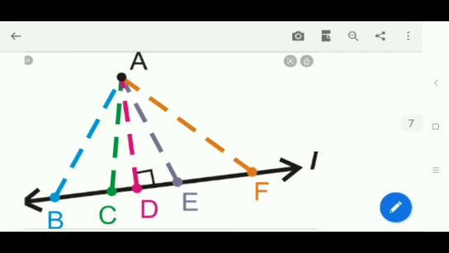But the distance of the point from the line will always be the perpendicular distance. That means what you do is drop a perpendicular from point A to line L. The distance AD, look at that pink color line, is the perpendicular which is drawn from point A to line L. That distance, length AD, is the distance of point A from line L.